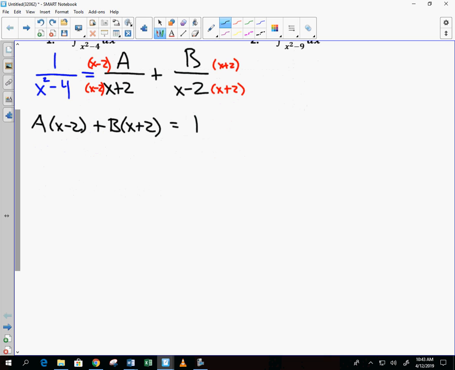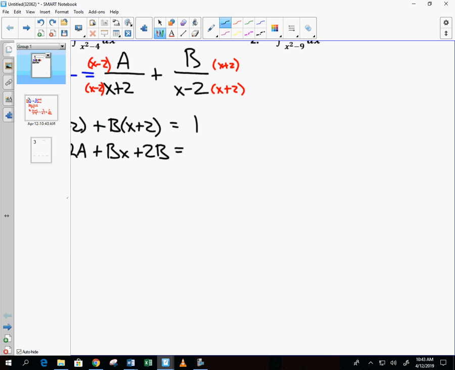Now, let's think a little bit more on this. A times x minus 2A plus B times x plus 2B is equal to, and here's where we've got to get smart.